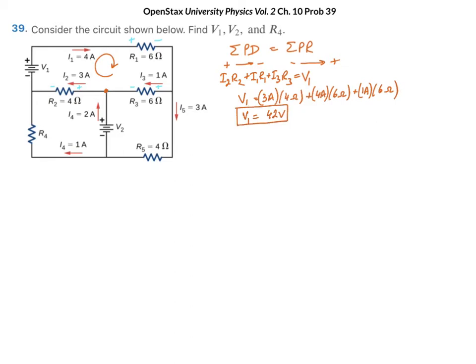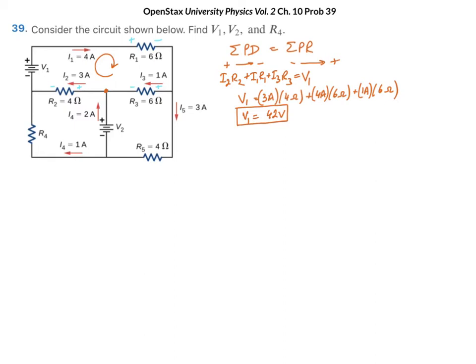So now we want to know what V2 is. So I'm going to use this loop because in this loop I know R and the current, I know this R and the current. I could have used this loop, but I don't know this R. So I'm going to go around this loop and I will label my pluses and minuses again.